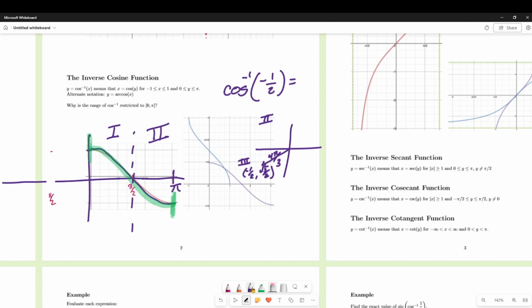So we have to find an angle within that restriction that also has a negative 1/2. It happens to have a positive square root of 3 over 2. This was negative. And that angle is 2 pi over 3. So that 2 pi over 3 is the only answer that the cosine inverse of negative 1/2 can give.